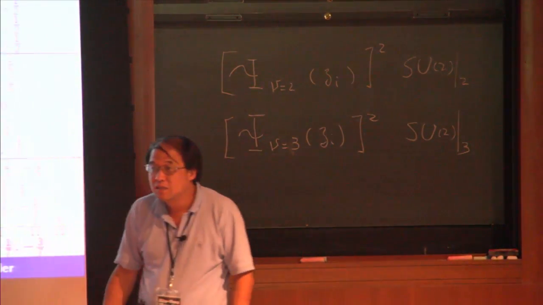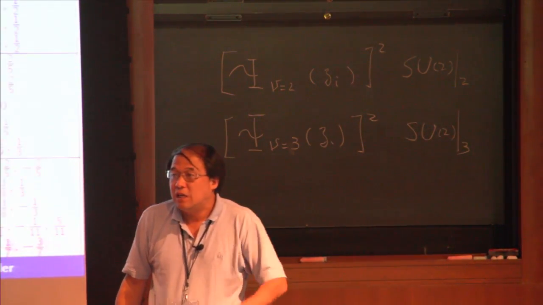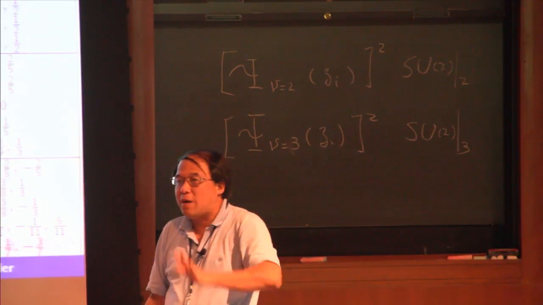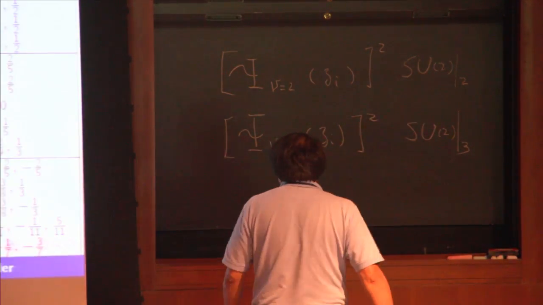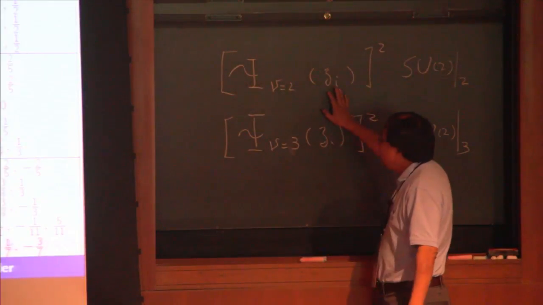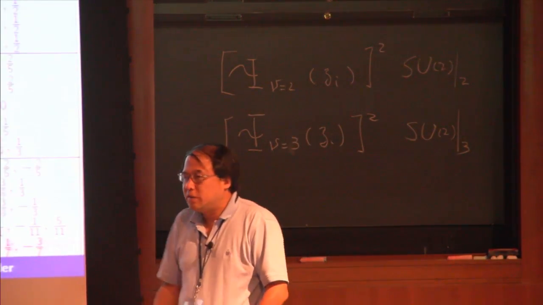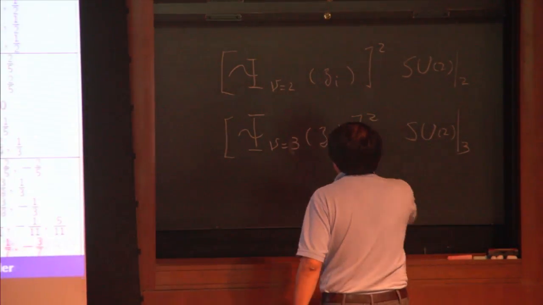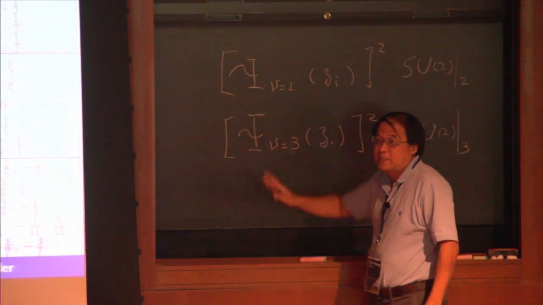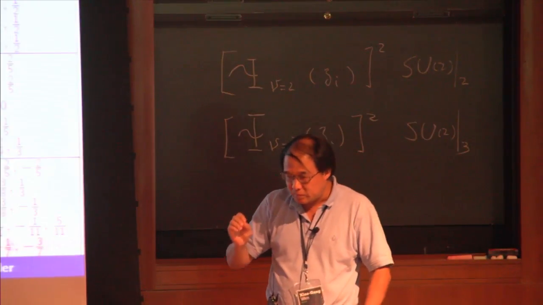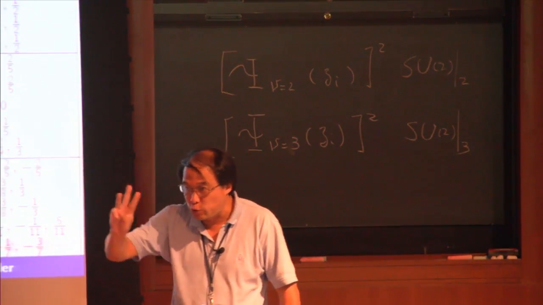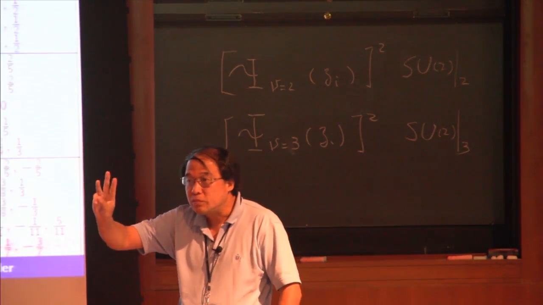Is there a parent Hamiltonian? Yes. And there is an ideal Hamiltonian for this wave function. The ideal Hamiltonian is the following. When you square this wave function, you find that the bosons can be in the first 3 Landau levels.